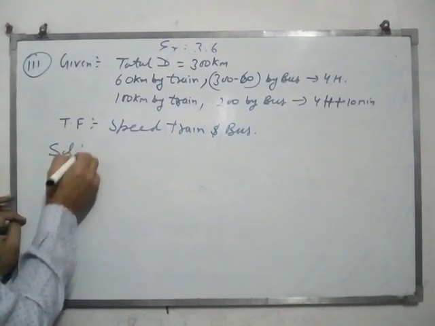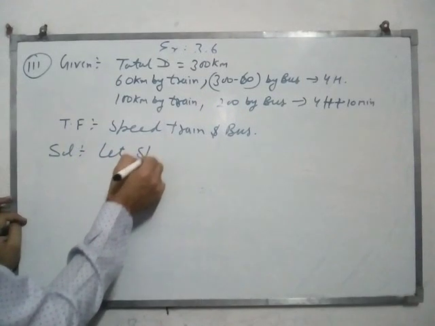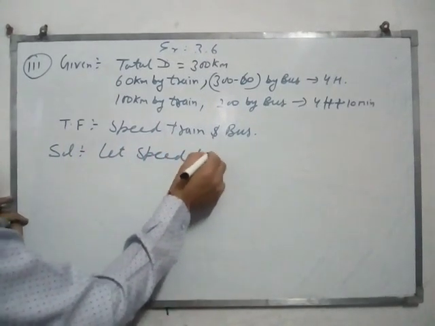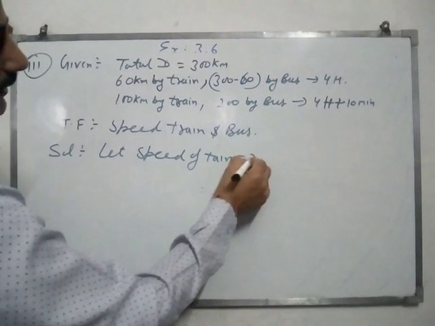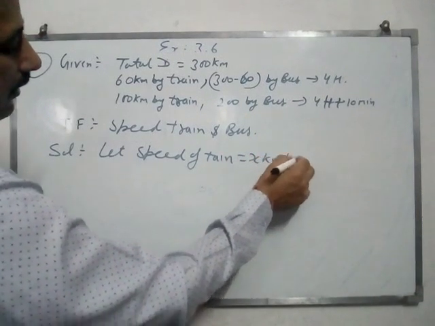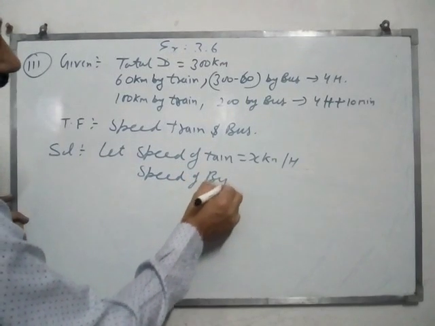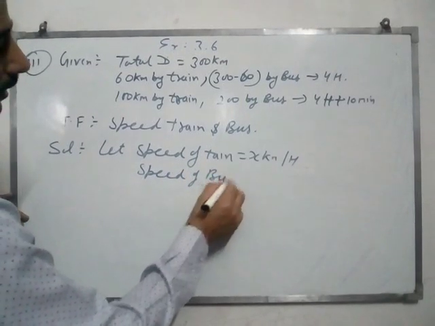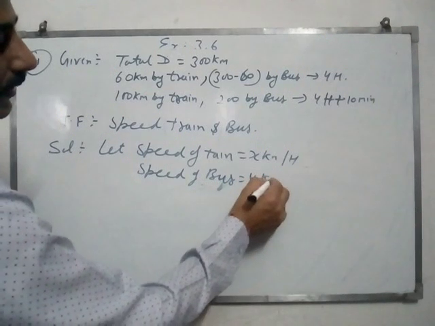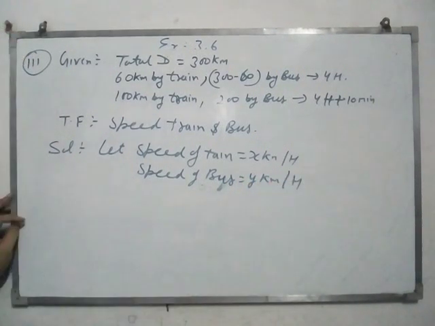Look at the solution. Let the speed of the train be x km/h and the speed of the bus be y km/h, right?